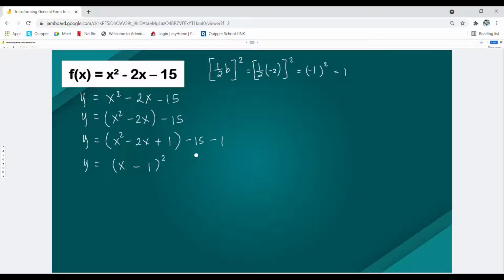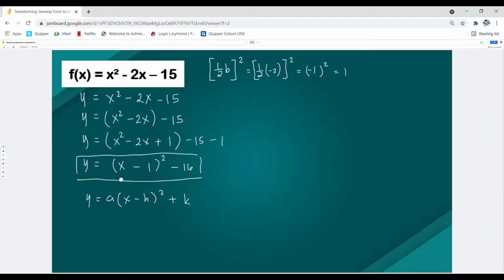And then put together like terms, negative 15 and negative 1, they become negative 16. You see, it's already written in vertex form. Try to check. Our vertex form is y is equal to a times x minus h squared plus k.